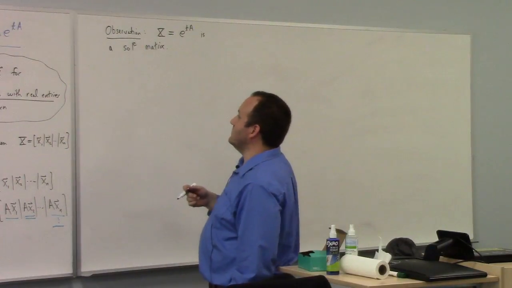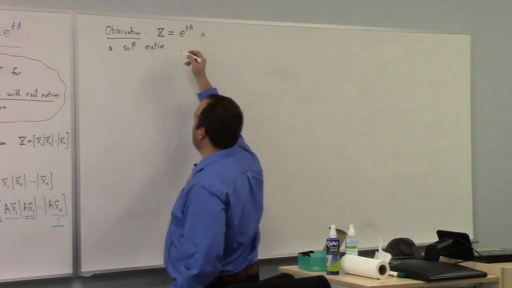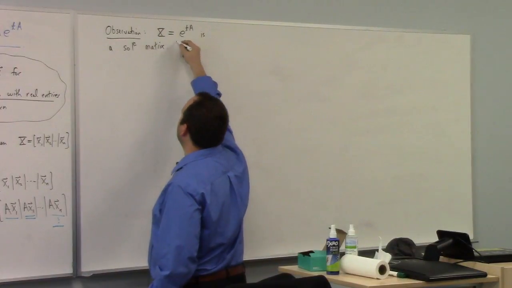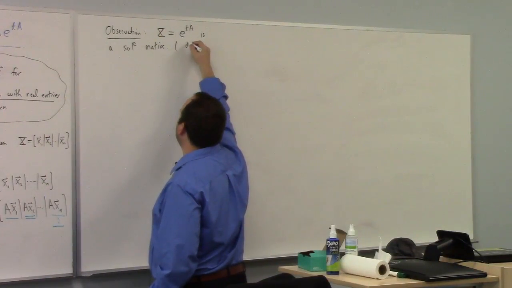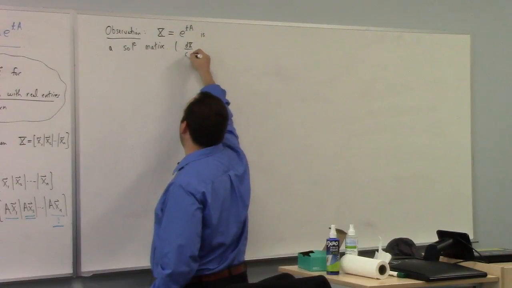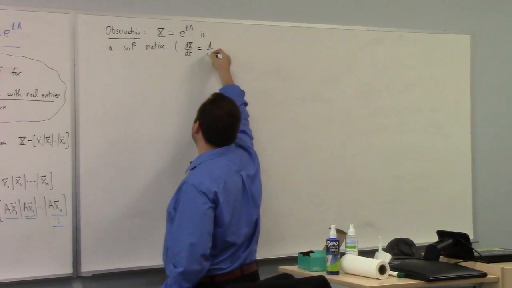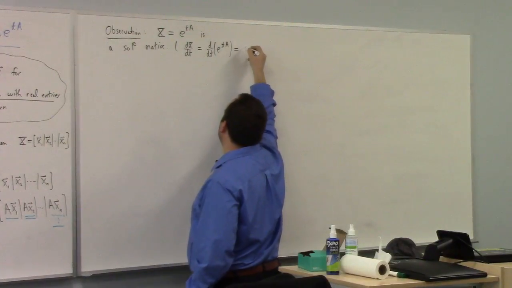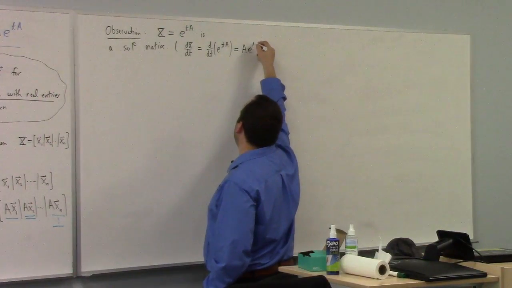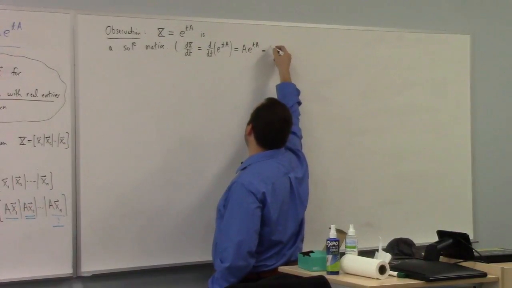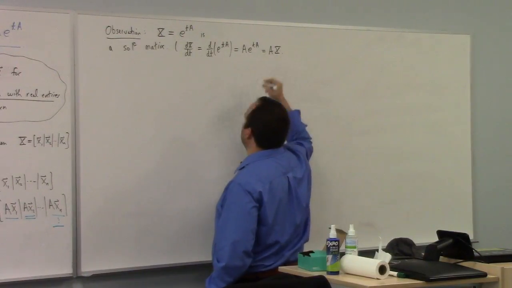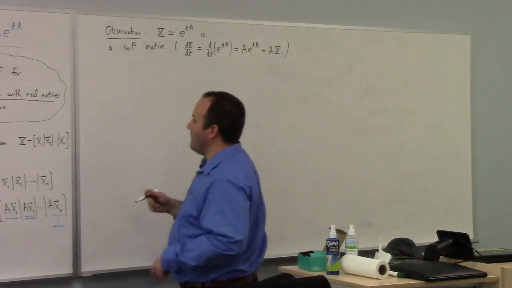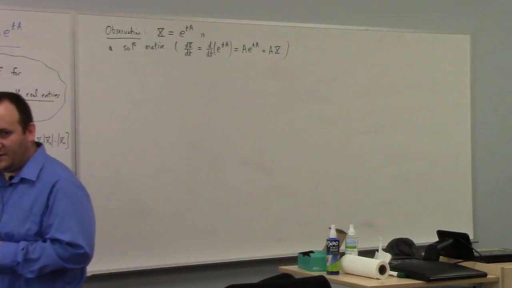Why is that? Because we have dx/dt is d/dt of what? e^(tA) in this case, which is A e^(tA), which, by the way, is AX. So what does that mean?